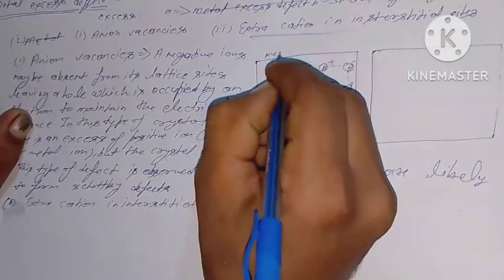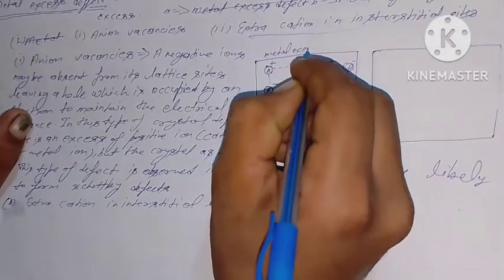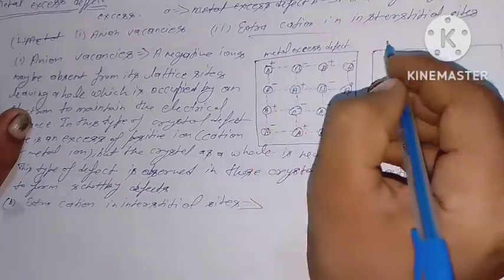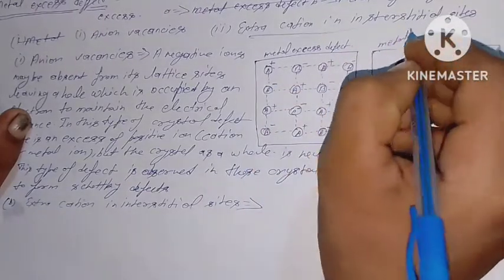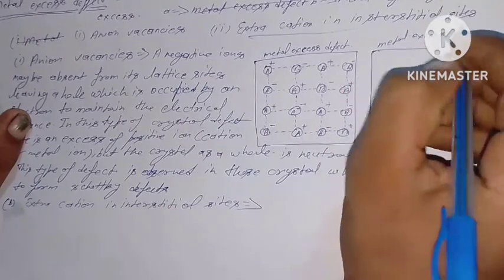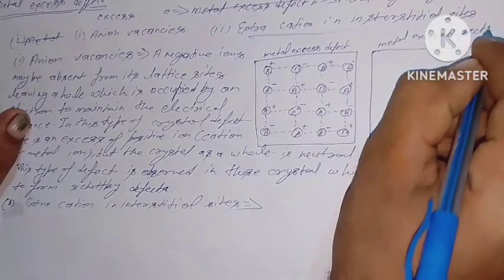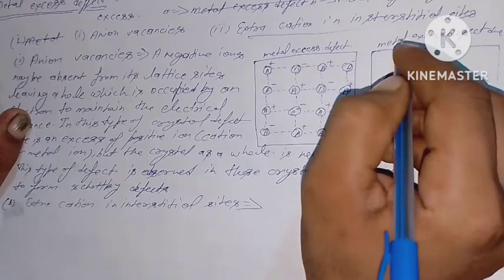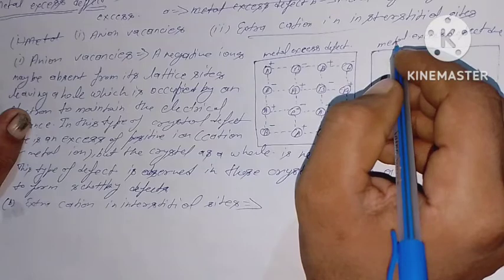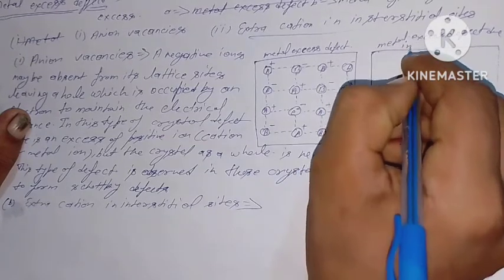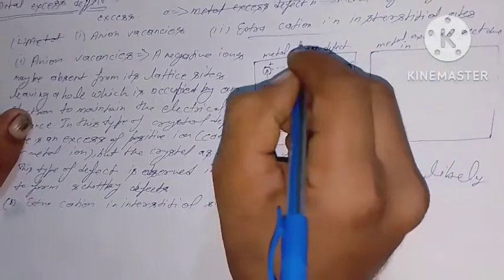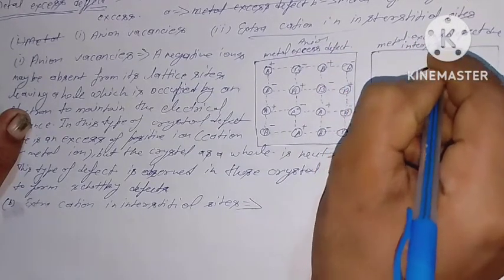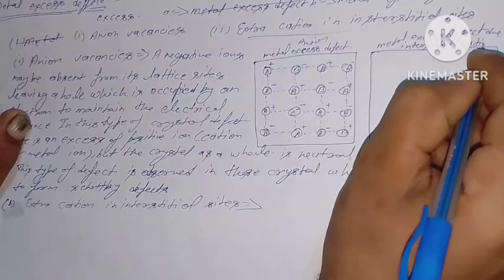This is metal excess defect. Metal excess defect due to interstitial cations. This is an interstitial cation.